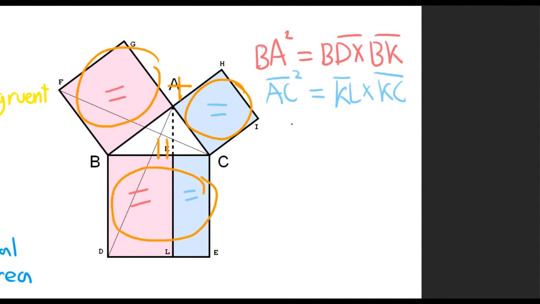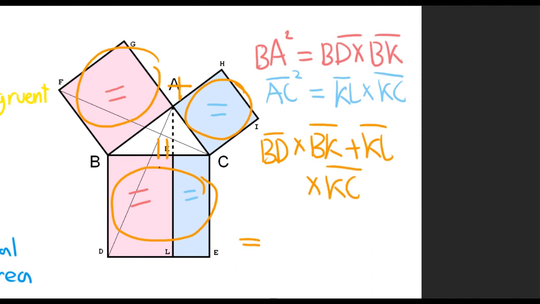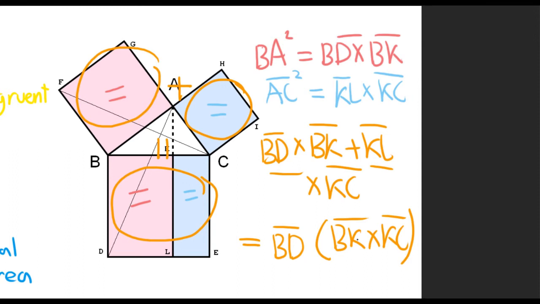So because of this, we can know that BD times BK plus KL times KC equals, and since BD and KL are the same, BD times BK plus KC. If we use some distribution, or what's the one that's opposite of distribution? I don't remember, but that's what we use to put these all together.